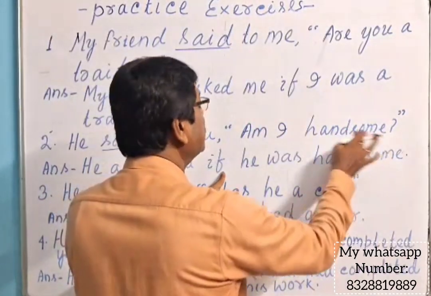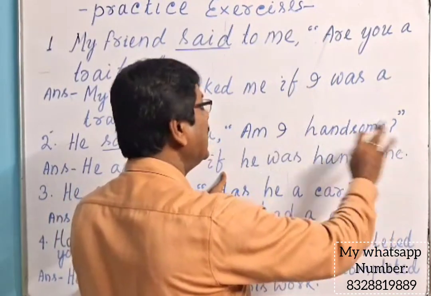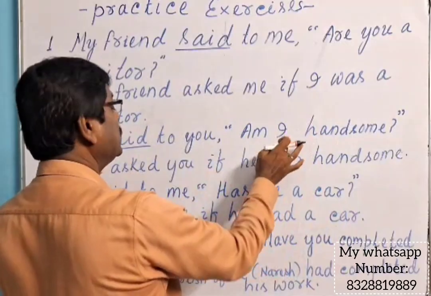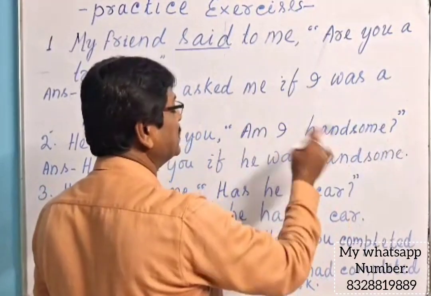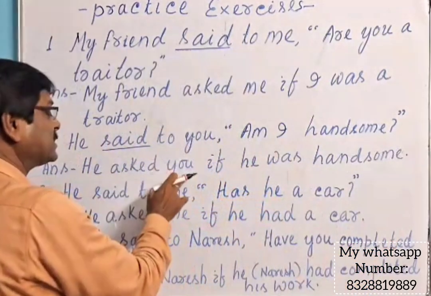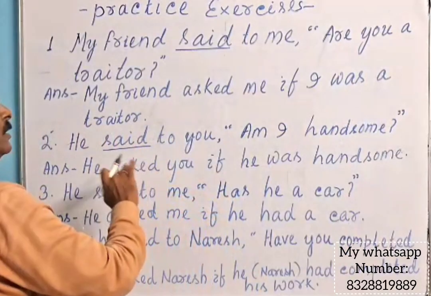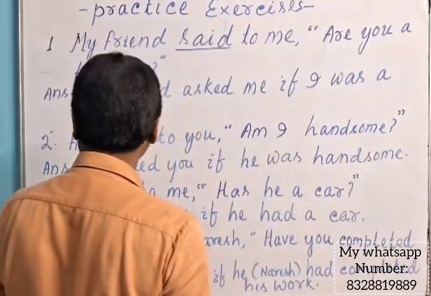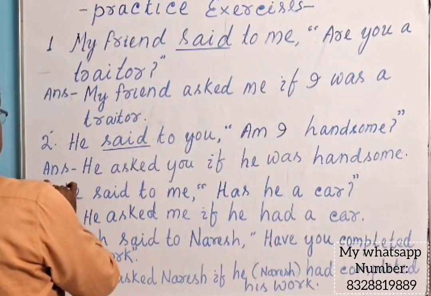"Am I handsome?" I mean, "I am handsome." So it is an affirmative sentence. "I" will be converted according to "he". So: if he, and the tense will be changed. "Am" will be changed into what? If he was handsome. He asked you if he was handsome. So this is the accurate sentence after conversion from direct speech to indirect speech. Then we shall go for question number 3.